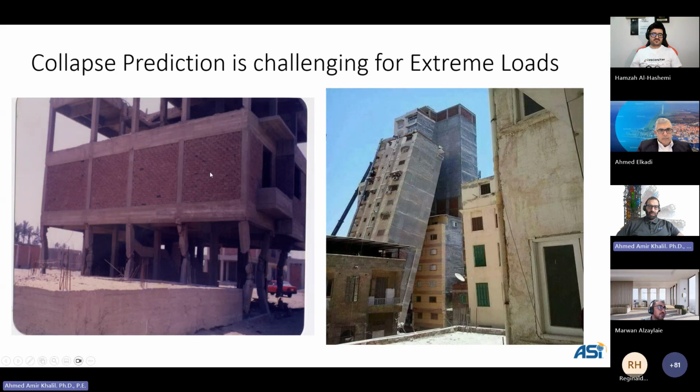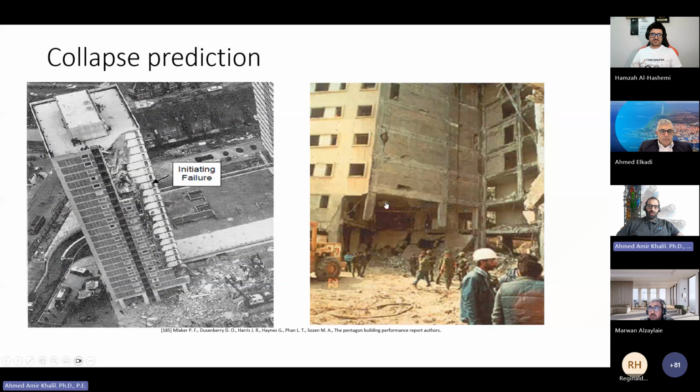The reason is modeling of collapse, prediction of collapse when subjected to extreme loads.